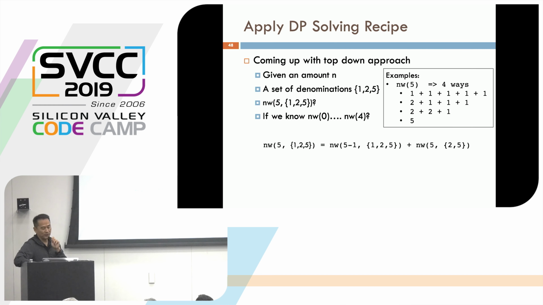So what that translates to is, if I'm at NW5 and I've got 3 coins, I have 2 ways of counting. One is with the coin of 1 or without the coin of 1. So choose or not choose.